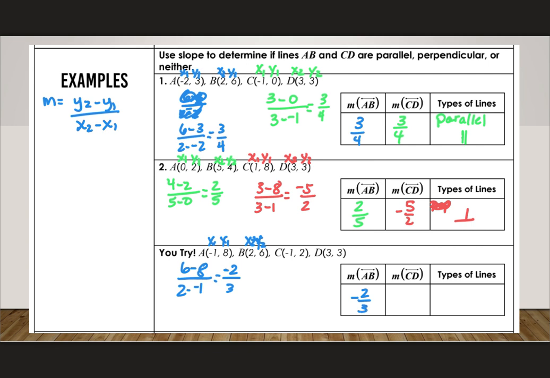And then we're going to do x1, y1, x2, y2. So 3 minus 2 over 3 minus negative 1. That's going to give us 1 over 4. So that is neither.